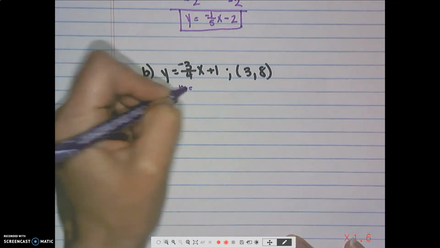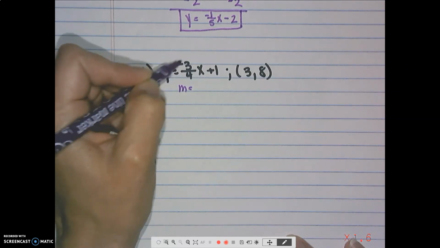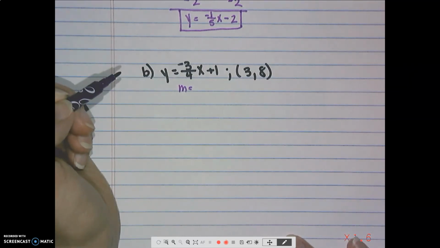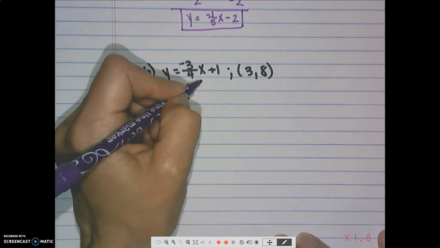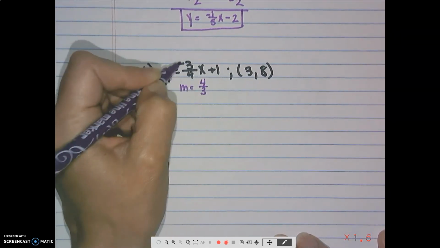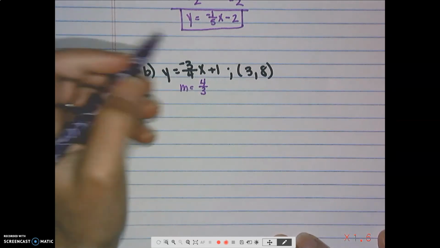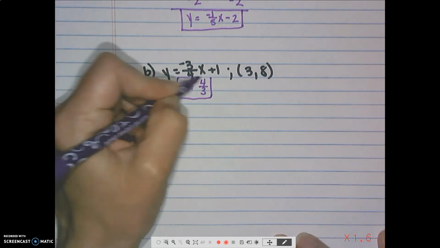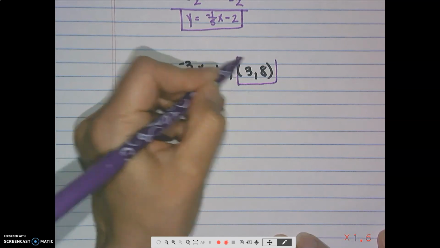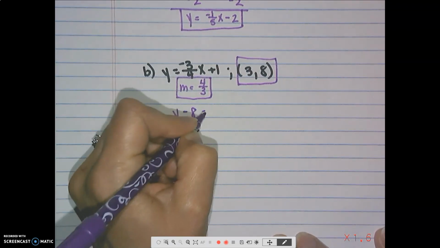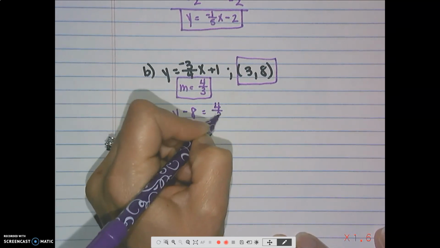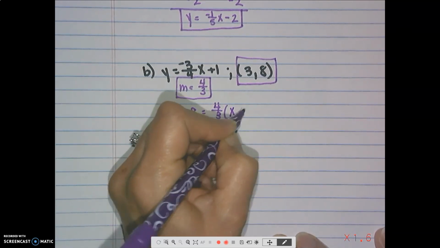So again, our slope right now is negative 3/4. That means when we flip it, we're going to get 4/3, and it was negative, so I'm going to make my slope be positive this time. So there's our slope. Here's our point. Plugging in, we get y minus 8 equals 4/3 times x minus 3.